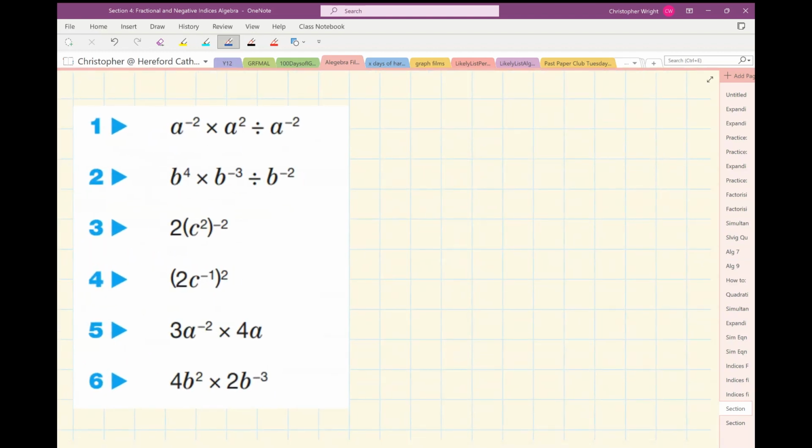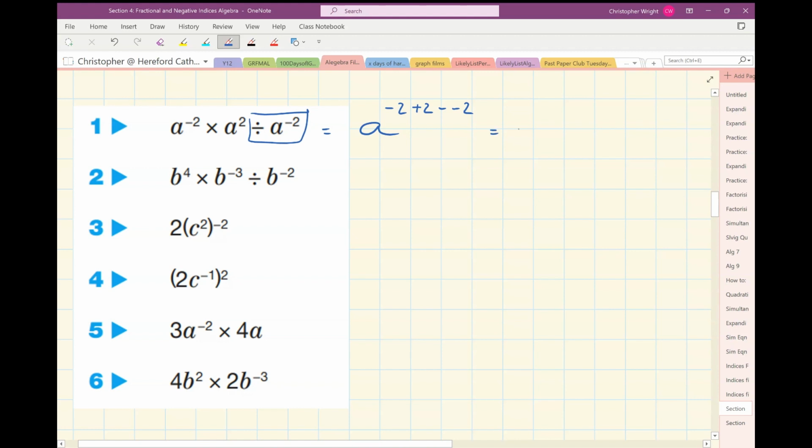Number 1. We've got a to the power of minus 2 times a squared divided by a to the power of minus 2. Now remember that when you multiply, you add the powers. So a to the power of minus 2 times a squared is going to be a to the power of minus 2 plus 2. And then when I divide by a to the power of minus 2, I'm going to subtract that negative power.